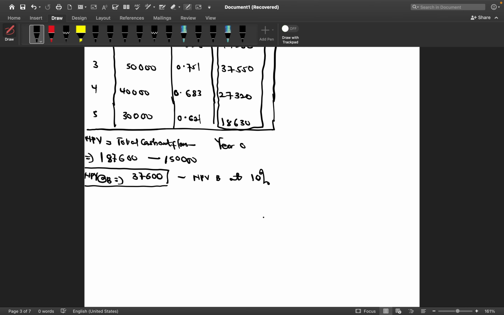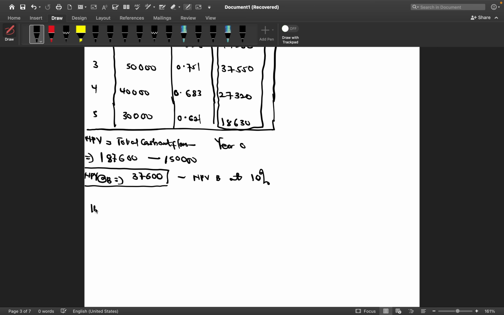Now remember I made a statement earlier that we have to solve present value first, and solve NPV, before we will be able to solve the discounted payback period. So now we can start our discounted payback period.